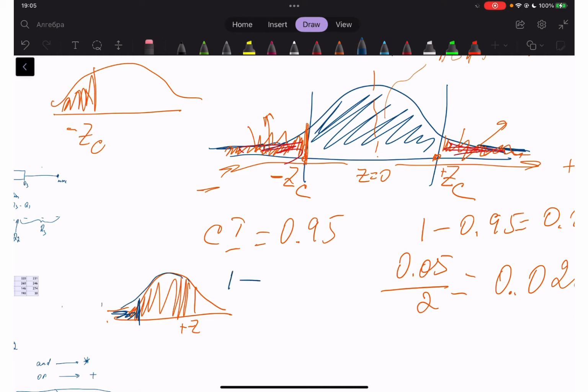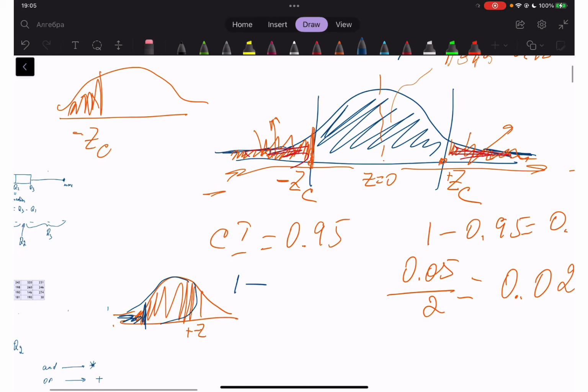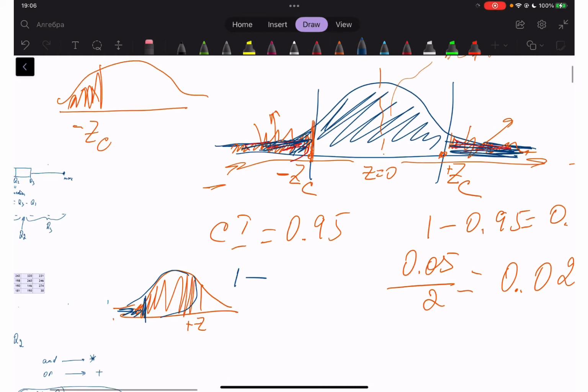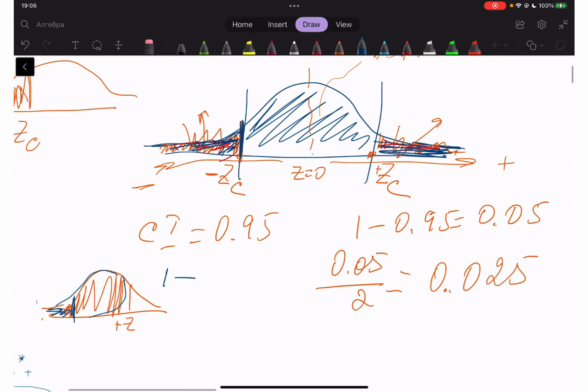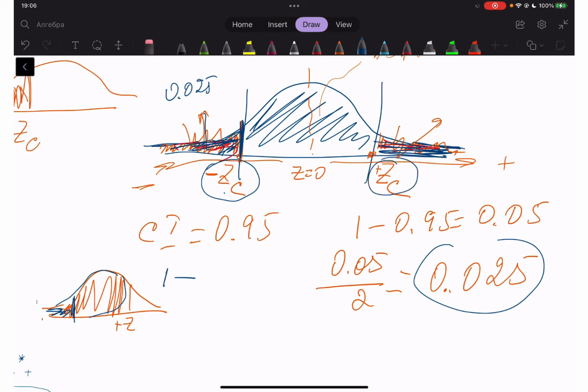The easiest way is, because these tails, this one and this one, are equal by probability, which means by area, I will find the negative Z critical based on this area 0.025. I will find Z critical, and then whatever value of negative Z critical I get, I just flip the sign to positive and that will be my positive Z critical.